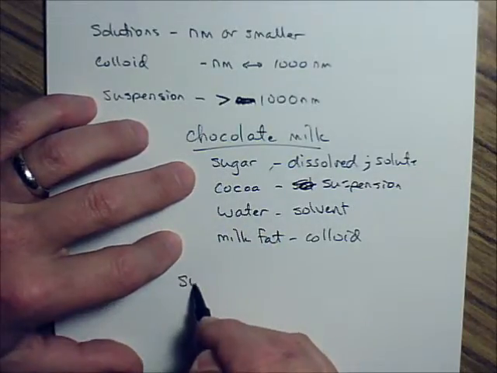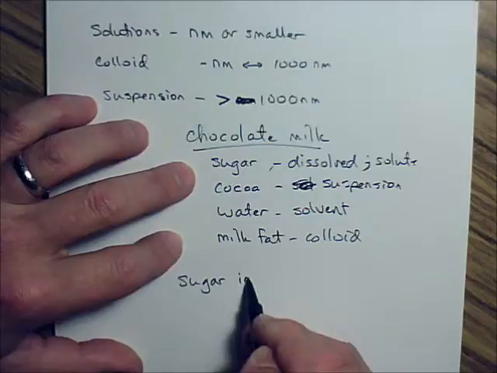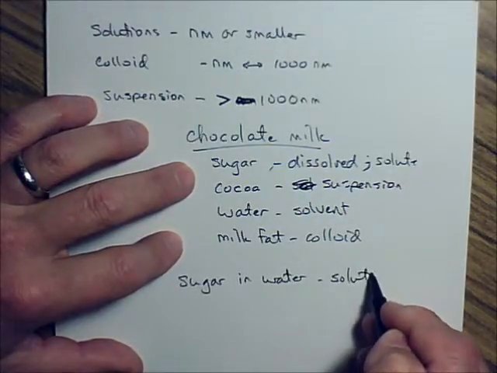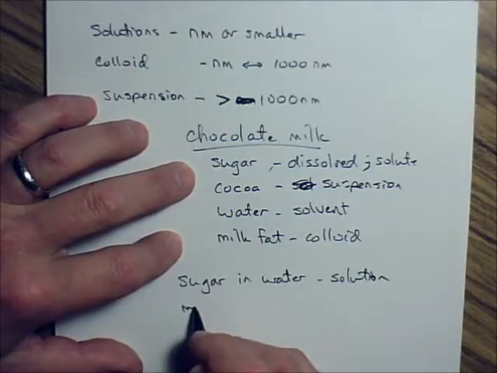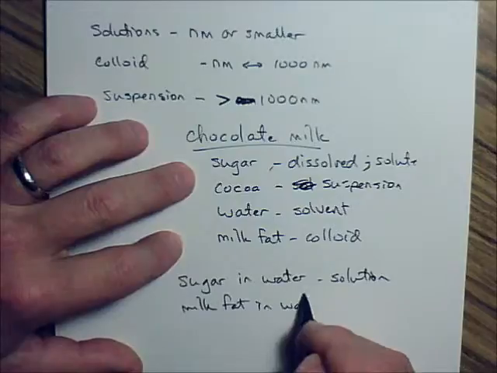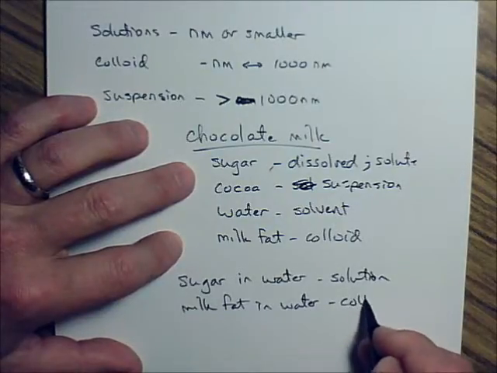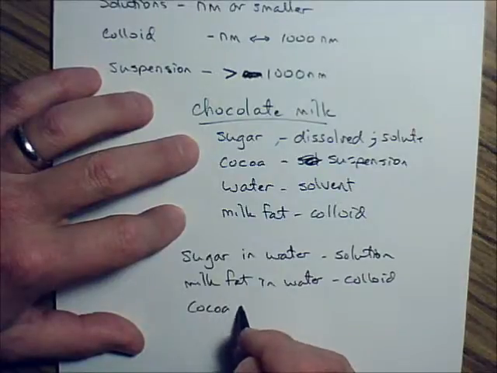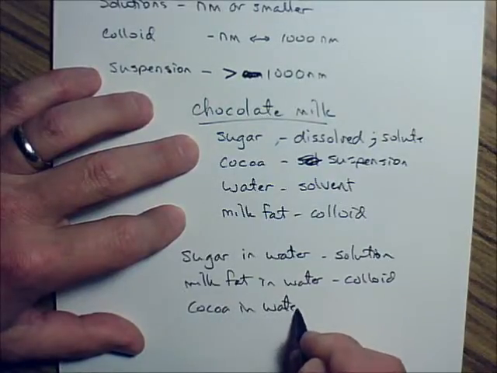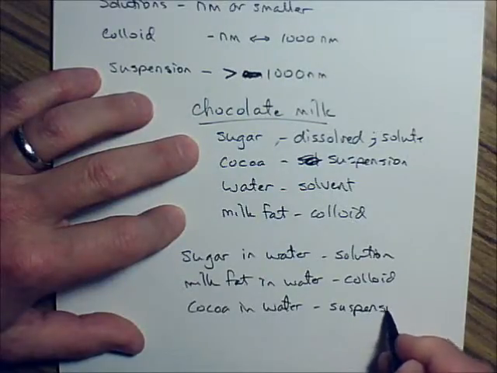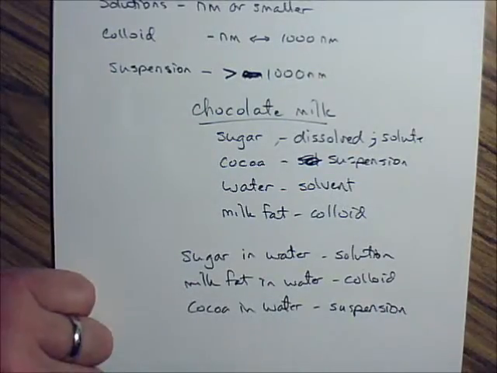The sugar in water is a solution. The milk fat in water is a colloid, and the cocoa in water is a suspension.